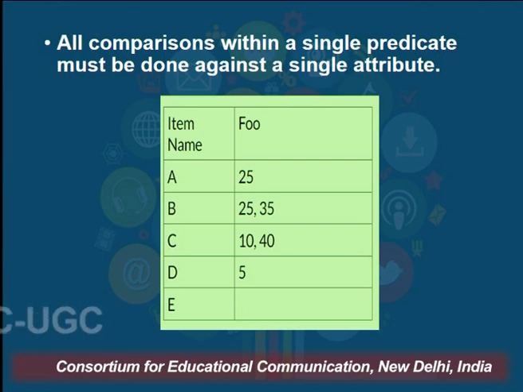Item name A has the value 25, item name B has multiple values, 25 and 35. Item name C has two values, 10 and 40. D has only one value, while E on the other hand has no value.